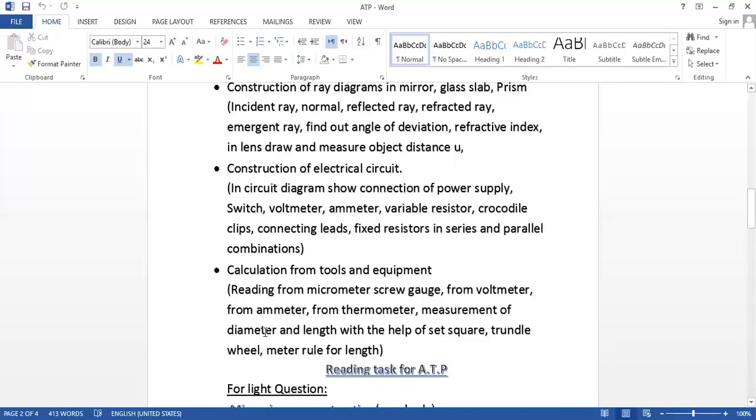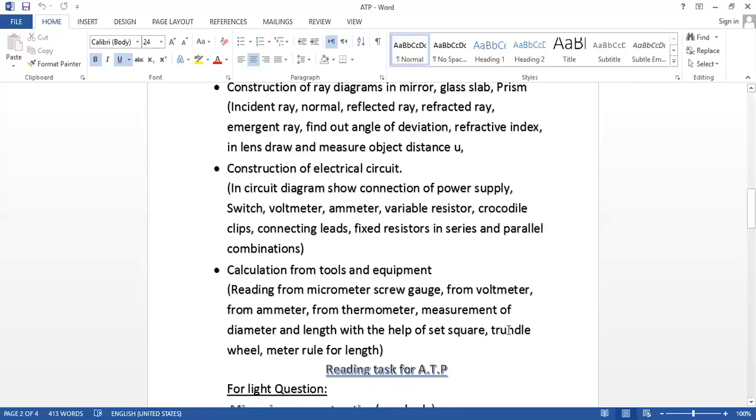So for diameter, you can use set square. You can take two different lengths L1 and L2, and you will take the difference L2 minus L1. And for these lengths you can use set square. It is used in trigonometry. You can use set square, triangle form shapes. These are called set square.